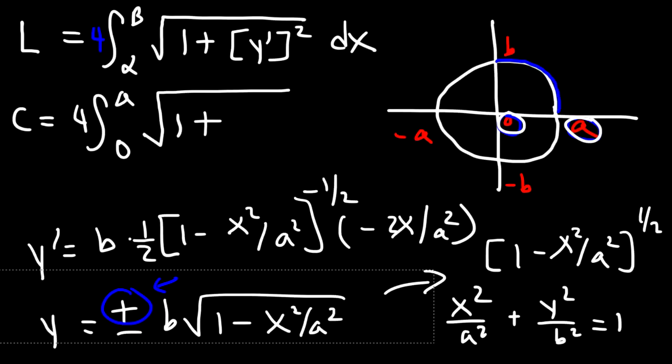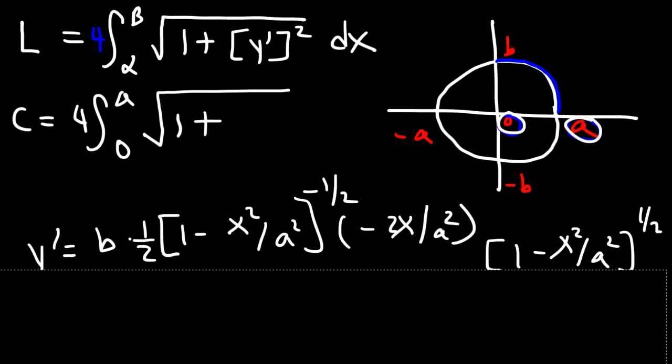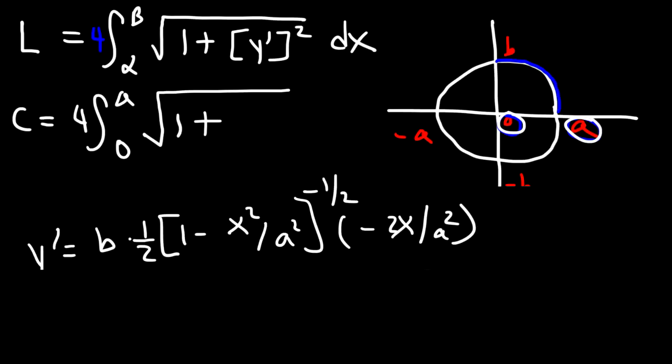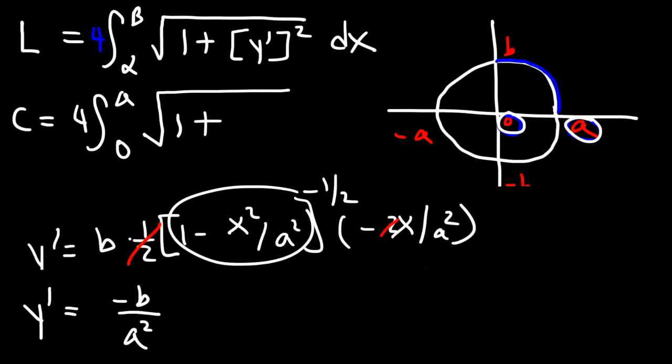So let me get rid of some stuff. Right now, we can cancel 1/2 and 2. And so this becomes negative b over a squared, and this raised to the negative 1/2. I can bring that to the bottom.